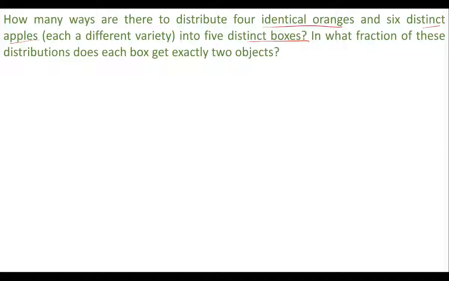When we talk of the identical oranges, then C(r+n-1, r), so C(4+5-1, 4), multiplied by 5 raised to the power 6, because apples are distinct, so n raised to the power r. The next case asks how many ways the distribution can happen when each box gets exactly 2 objects. Yes, 5 boxes are there, each one has exactly 2 objects.